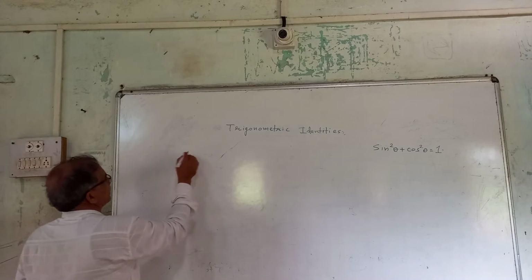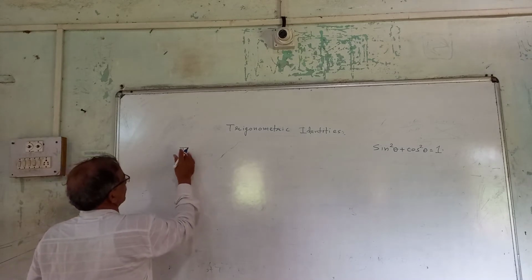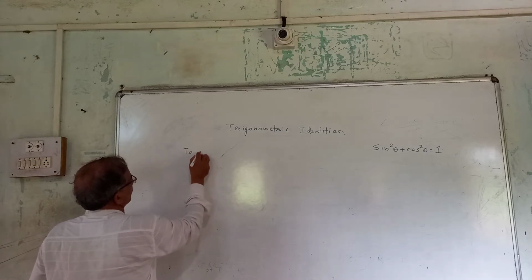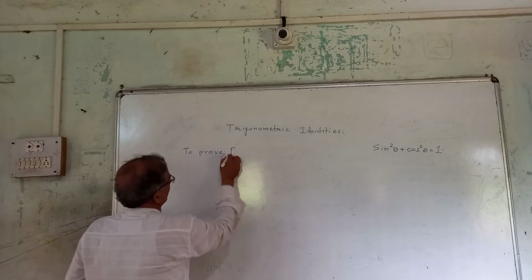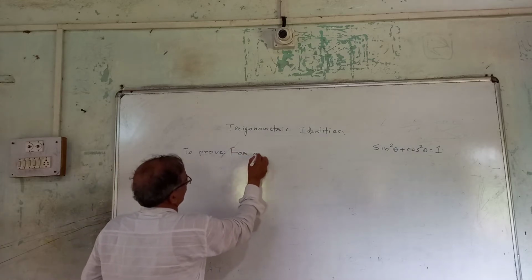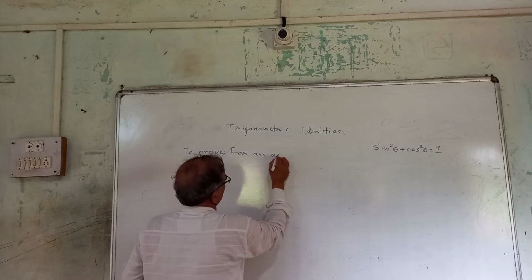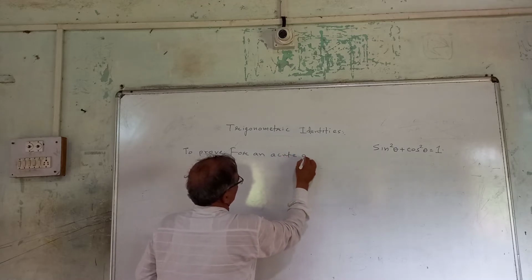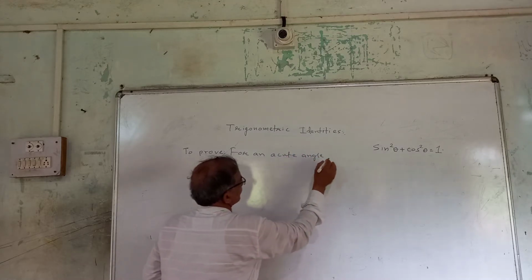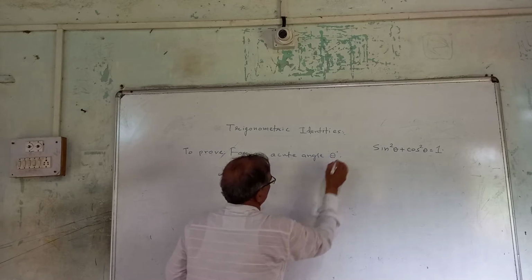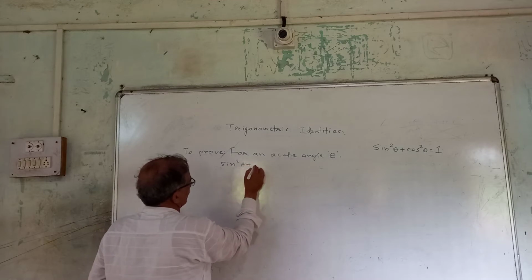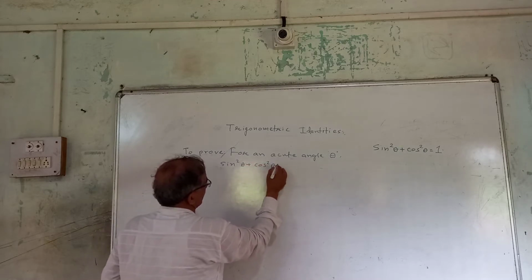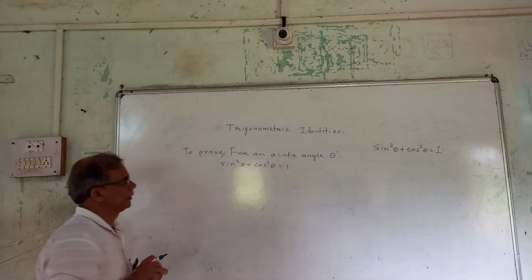Now see, to prove, for an acute angle theta, sin square theta plus cos square theta is equal to 1.